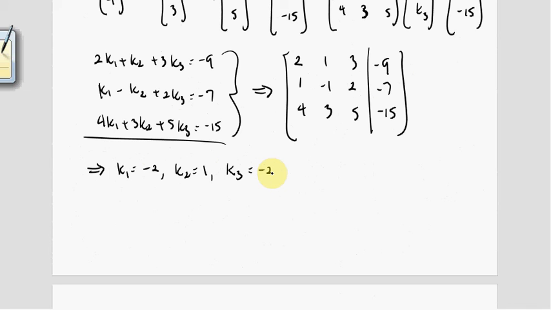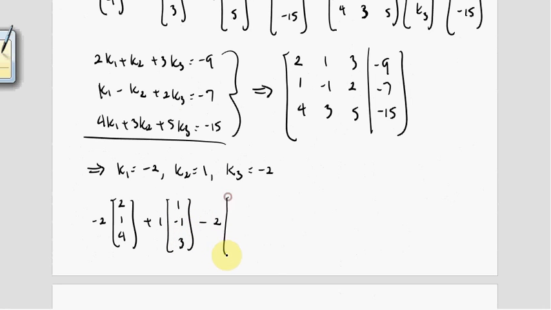Now, what are they saying? Here's what they're saying. They're saying negative 2 times that first vector, 2, 1, 4, plus 1 times the second vector, 1, negative 1, 3, minus 2 times the third vector, 3, 2, 5.